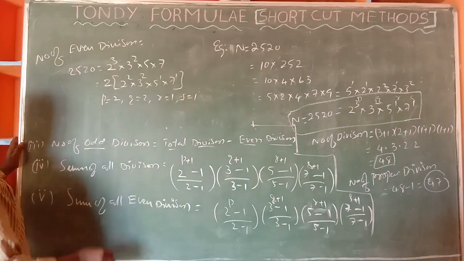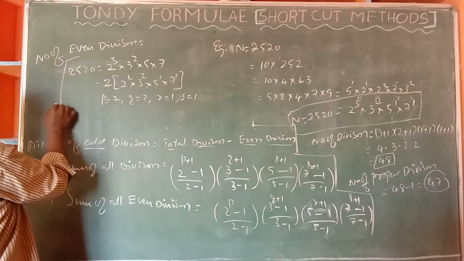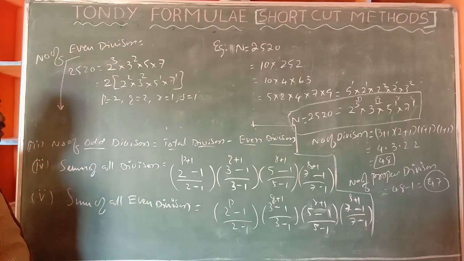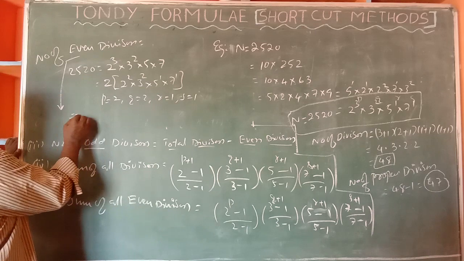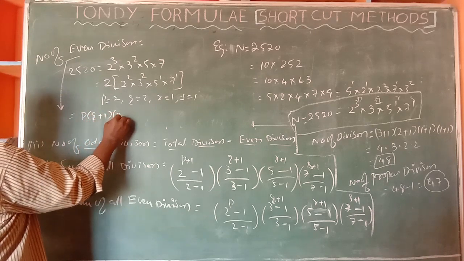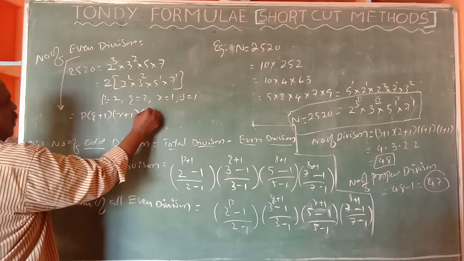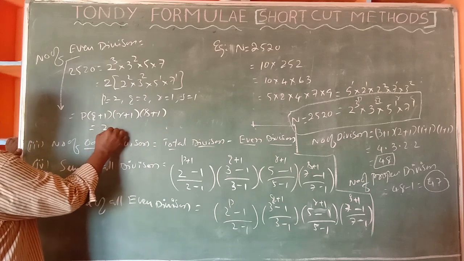Now the number of even divisors, the formula is there. You use that one also. It is P of Q plus 1, R plus 1, S plus 1. What is P? Only 2.